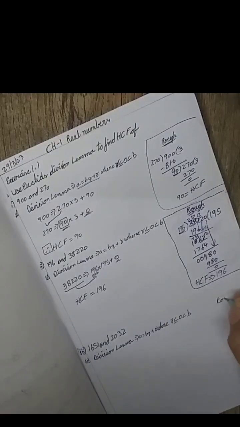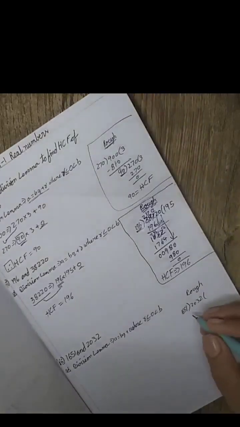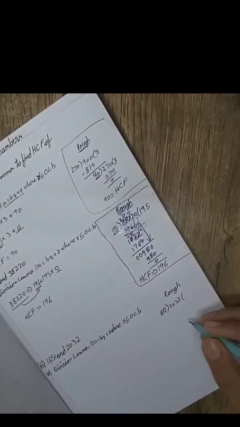Again, we need to draw a rough box. We need to take 1651 as divisor and 2032 as dividend. We need to take the larger number as dividend always, and the smaller number should be divisor always.